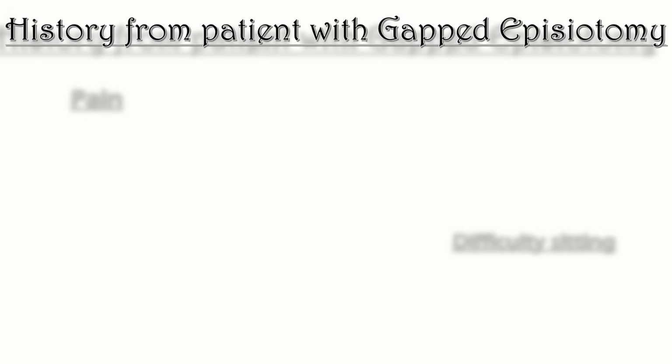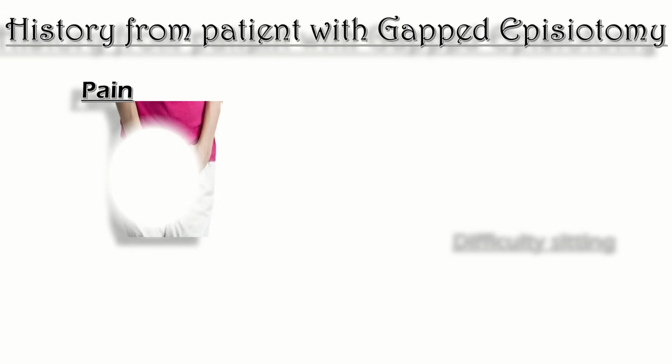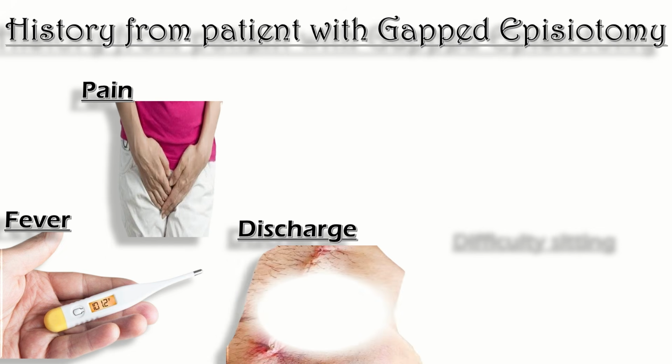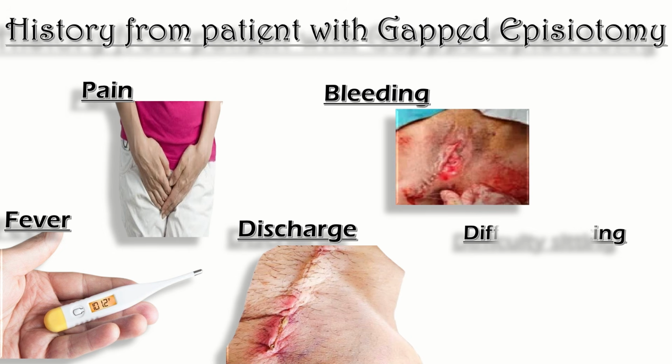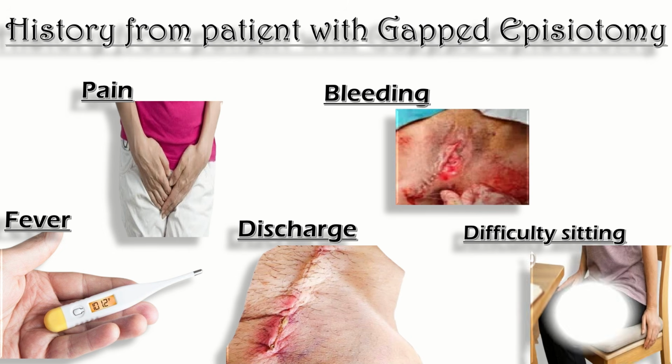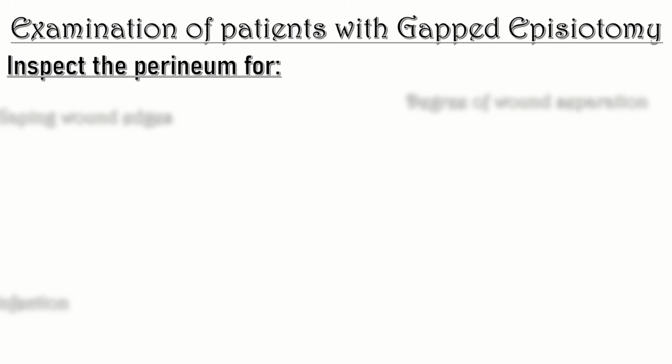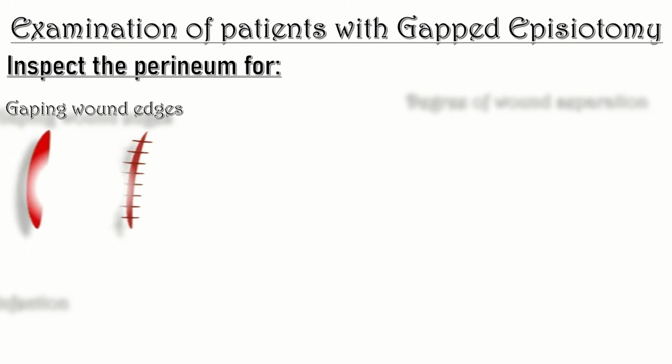How would you take history from the patient with a gaped episiotomy? Ask about pain, fever, discharge, bleeding, an effect on the quality of life, difficulty in sitting, etc. How do you do examination of patients with a gaped episiotomy? First of all, inspect the perineum for gaping wound edges.